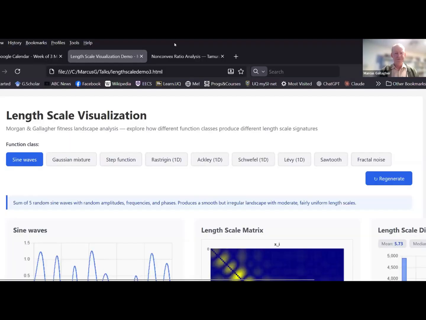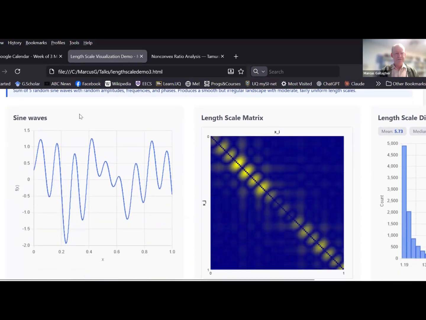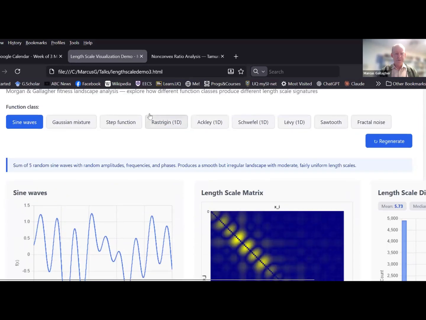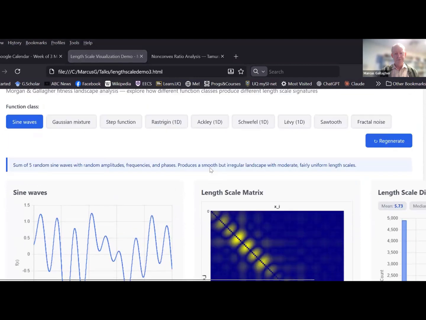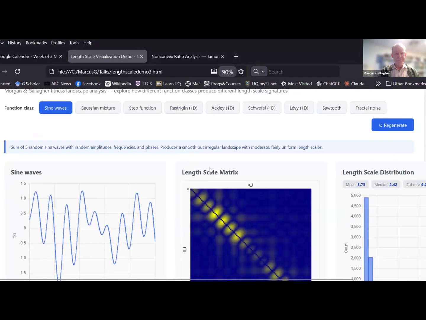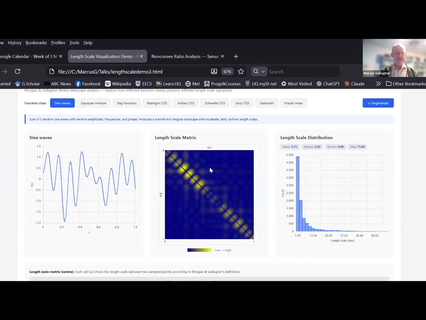Maybe can somebody just confirm that you can see that okay? Yes, we can see that. Great, excellent. All right. It's a little bit big because I'm just on one screen now.